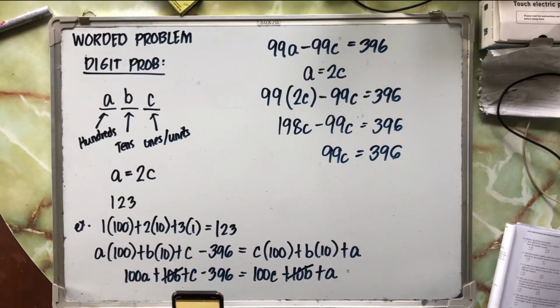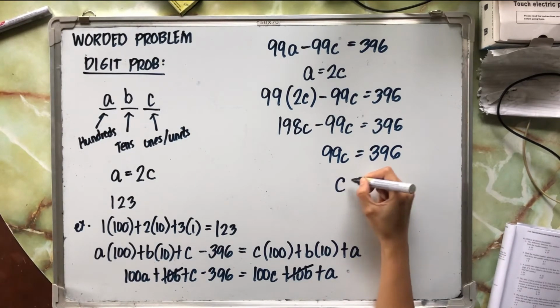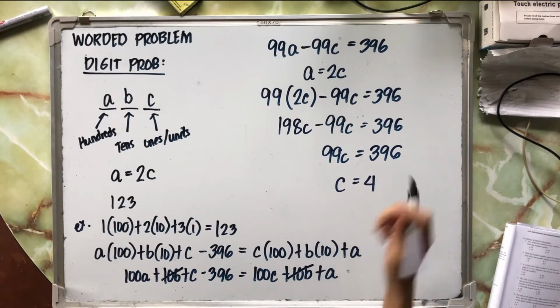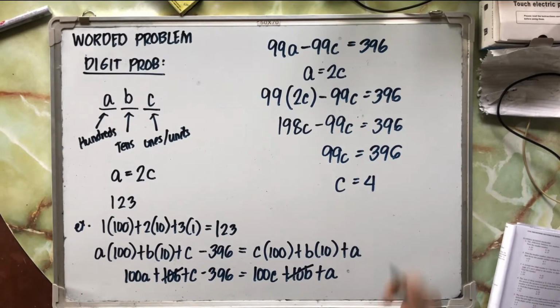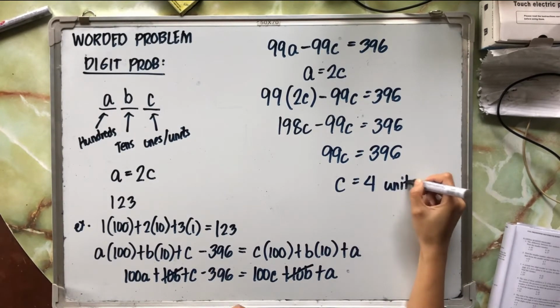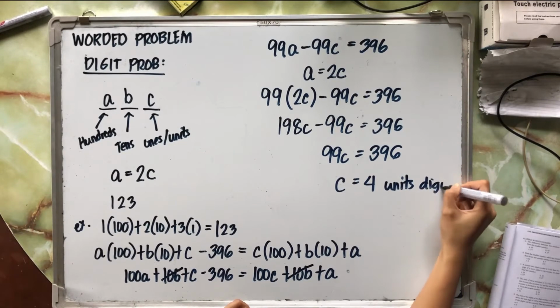Dividing that one, okay, ilan ang magiging sagot natin? That would be 4. Okay? Therefore, ang magiging units digit natin is equal to 4. Tama? Yan si units digit.